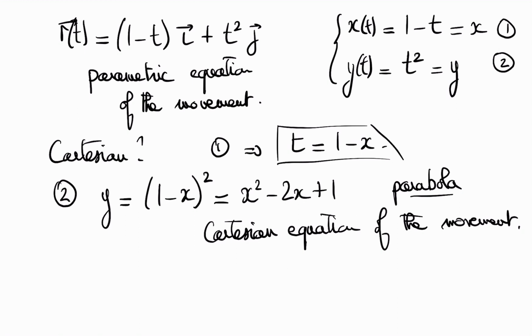Now, I'm going to do another example with trigonometric functions. So say, for example, we have x as a function of t is equal to cosine 2t, and y as a function of t is equal to sine t.